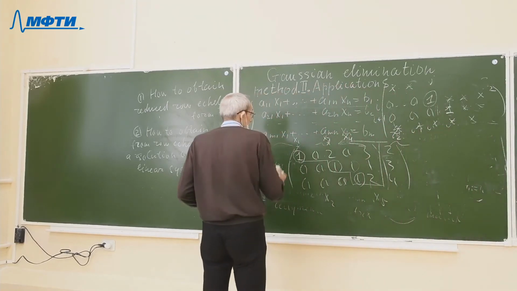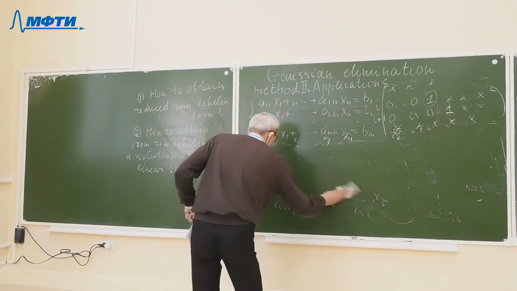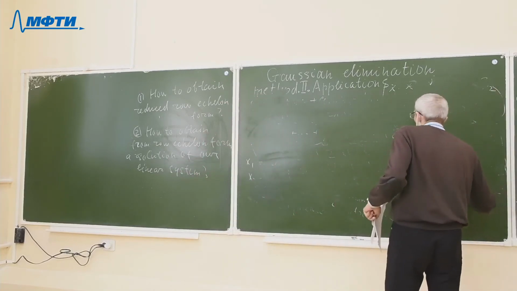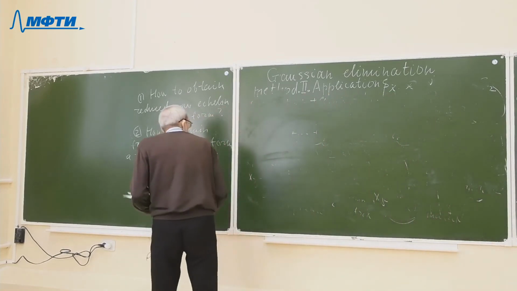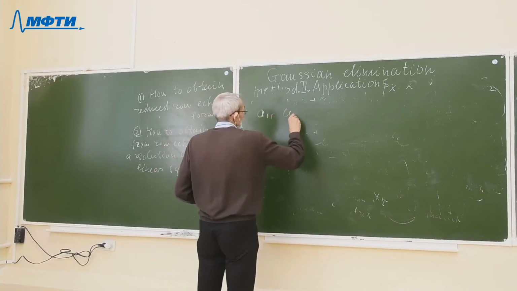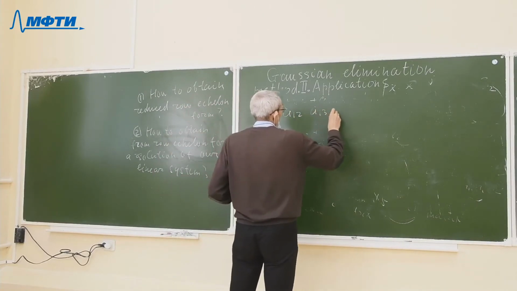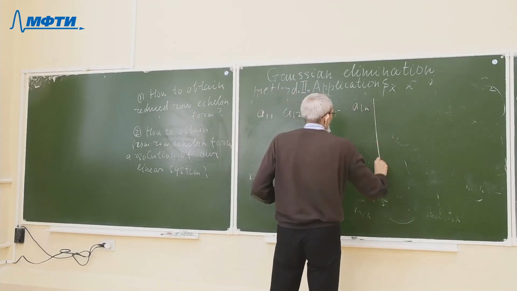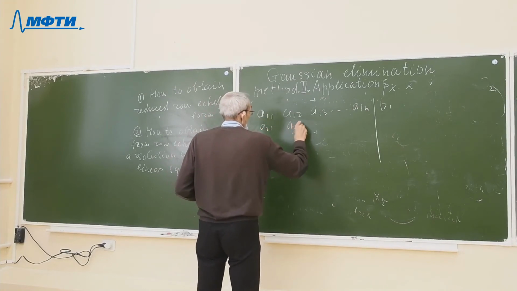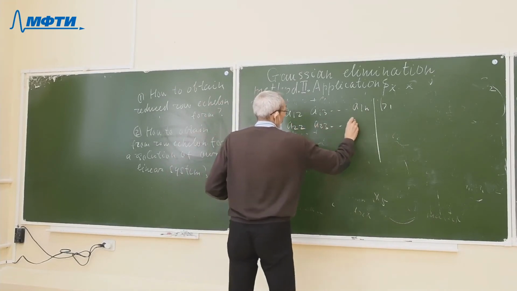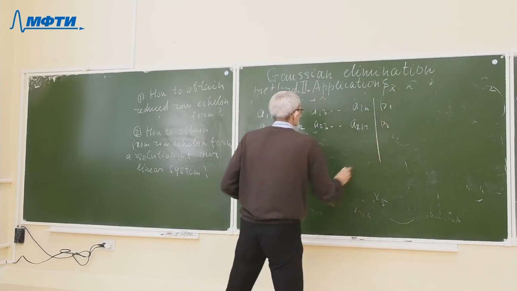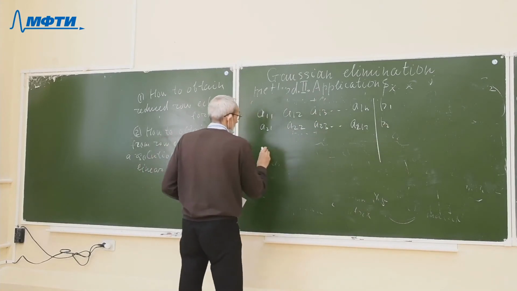How to obtain the row echelon form? We have an arbitrary augmented matrix of an arbitrary linear system.